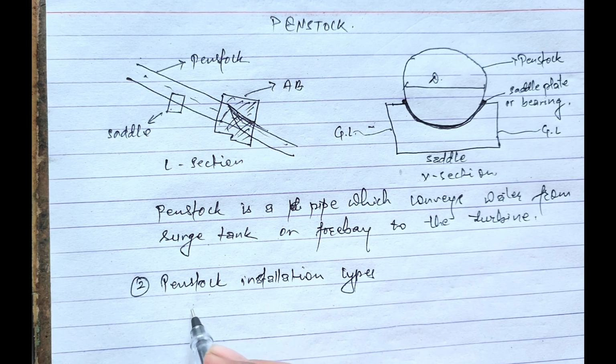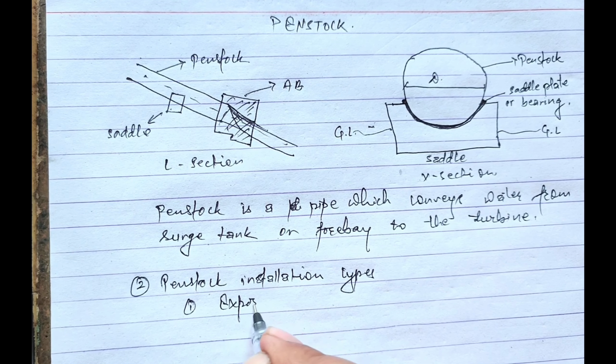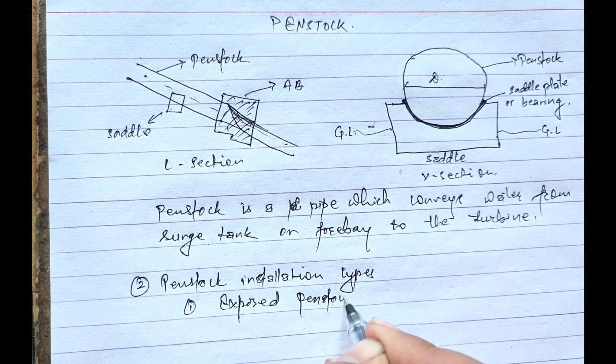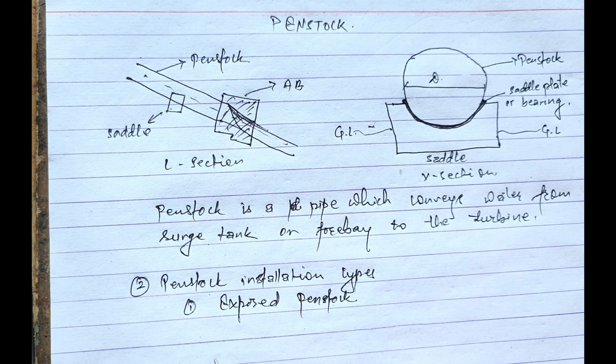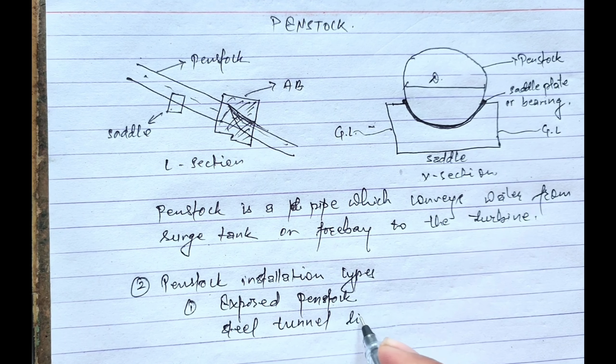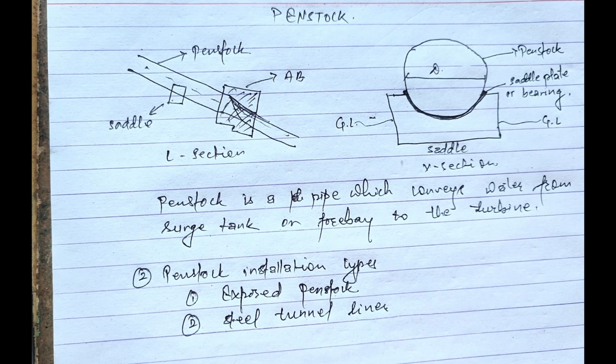One is the exposed penstock, another one is the steel tunnel liner, and the third one is the buried penstock.